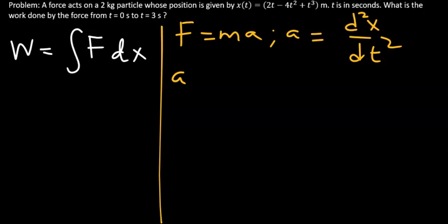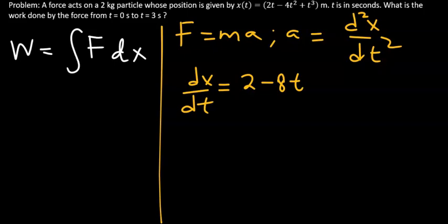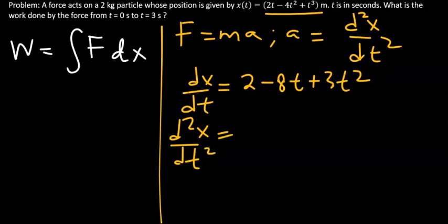The first derivative of x with respect to time will give you 2 minus 8t plus 3t squared. That's by differentiating this expression one time with respect to t. And if you do the second time derivative, the 2 goes away, it's a constant. Minus 8t will become minus 8, and this one will become plus 6t.